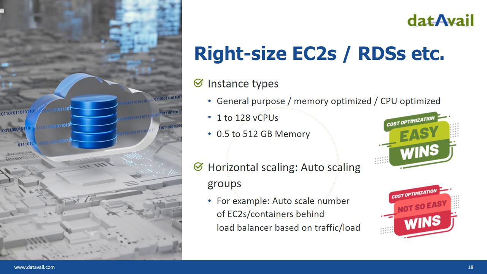This is another area where it takes time. The reason I say that it takes time is CPU or memory pressure doesn't come all the time. So just because you have 50% CPU utilization and 50% memory utilization doesn't mean you can cut down your cores right away, because you have to support peak time, right?